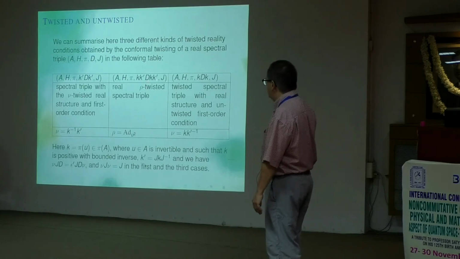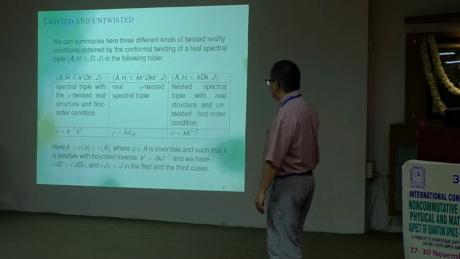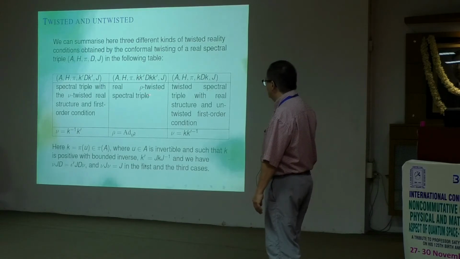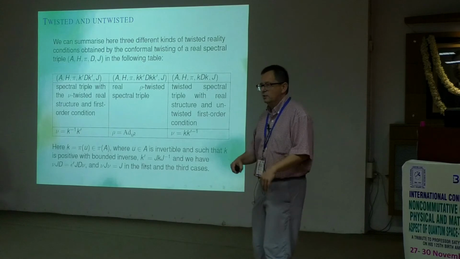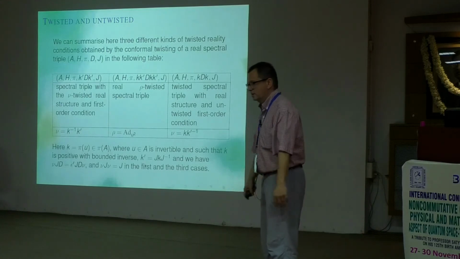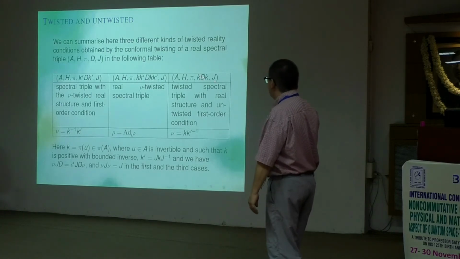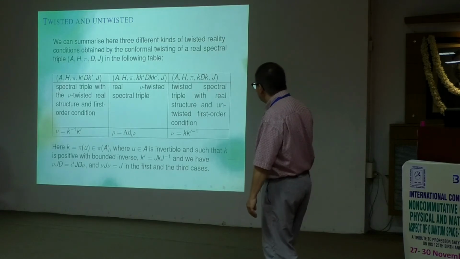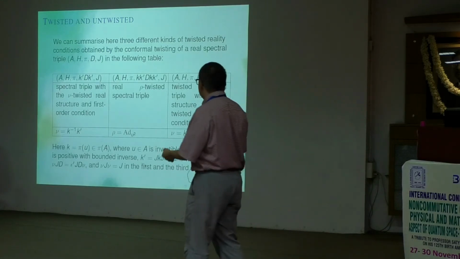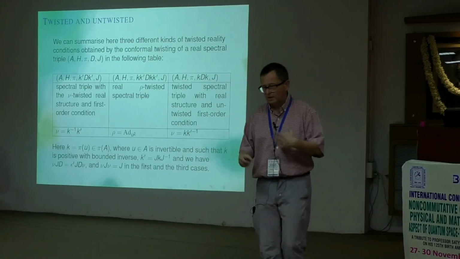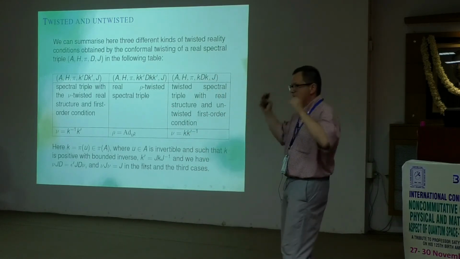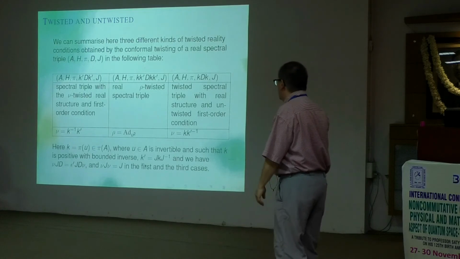If you modify the Dirac operator like that, then you get a real rho-twisted spectral triple. So this is a rho-twisted spectral triple with untwisted first order condition. And whenever you define the Dirac operator like that, you get a twisted spectral triple with twisted real condition. And basically, you can pass between all these things. So this is the sort of image that one can have in the back of your head.